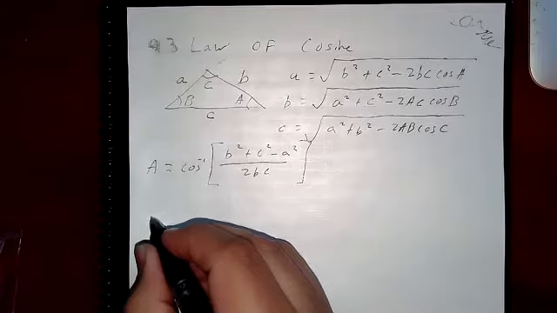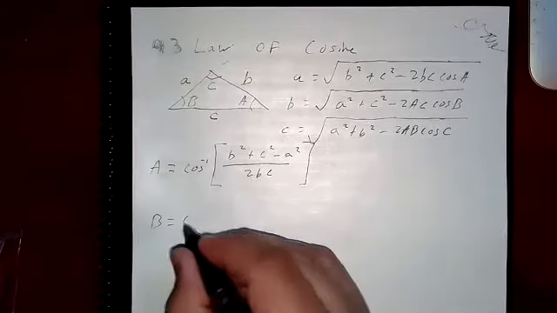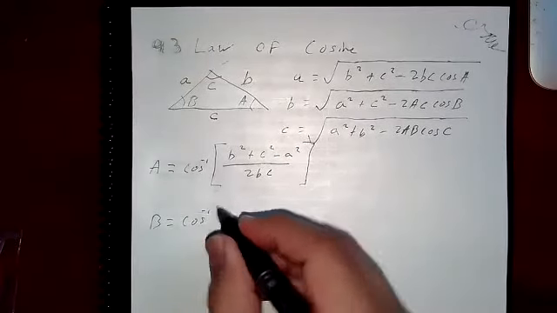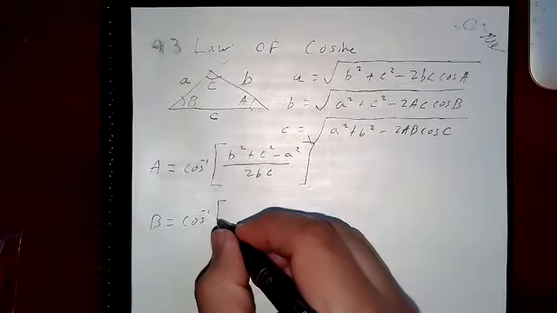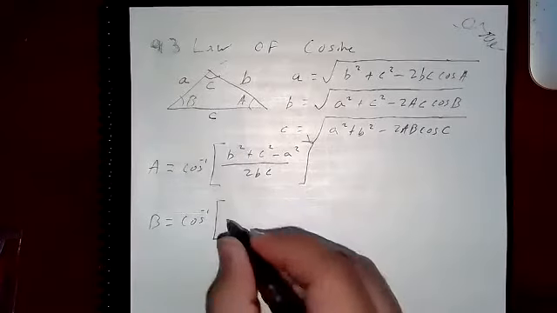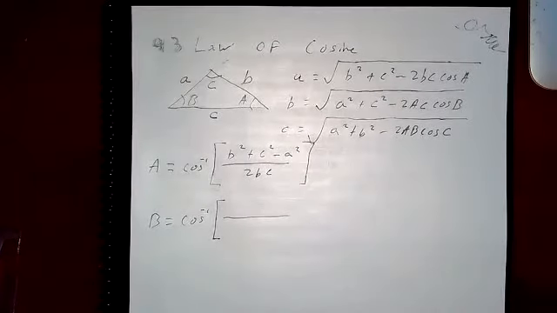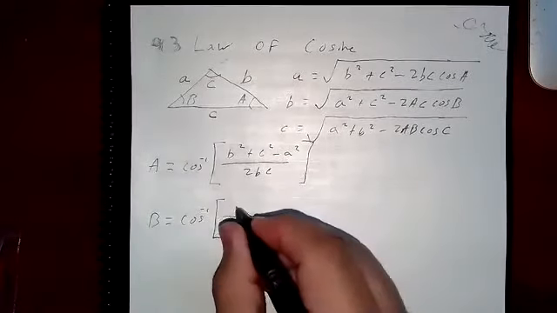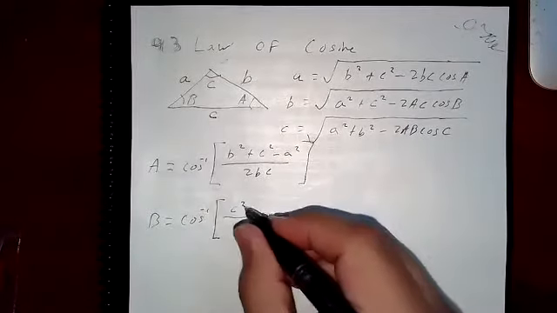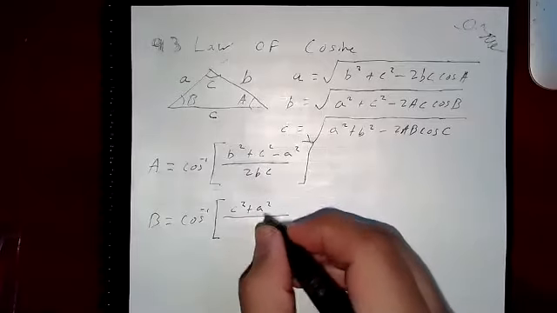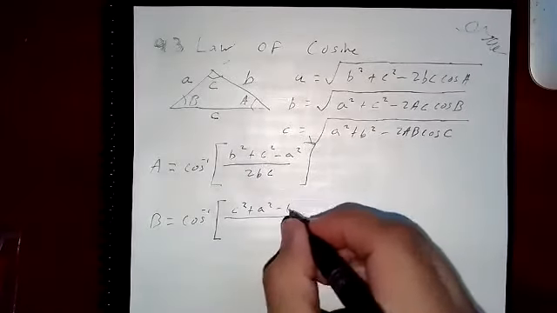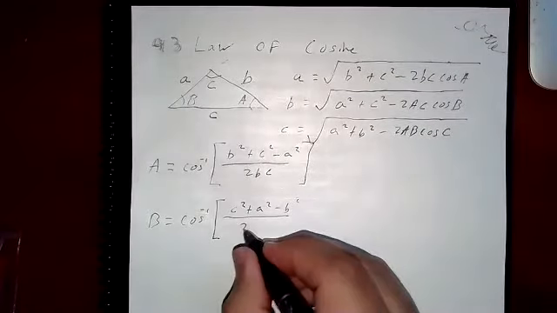Capital B is cosine inverse of c squared plus a squared minus b squared over 2ac.